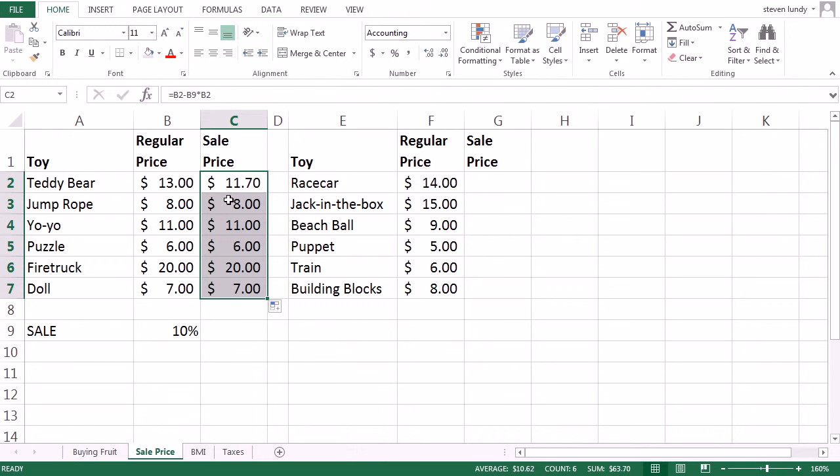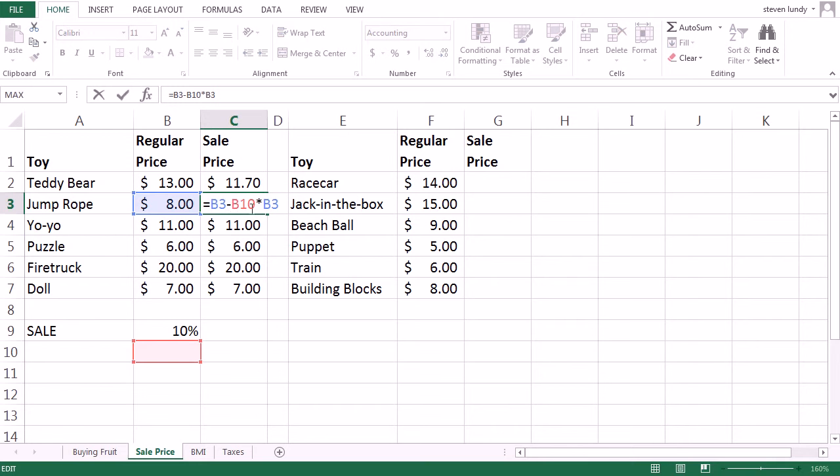This is because the sale price isn't in a relative position. Notice that in this cell it's trying to refer to B10. The next cell is trying to refer to B11, and the next cell is trying to refer to B12. But in each case, we always want it to refer to B9. If we want to make sure the formula always uses the value in B9, we need to use an absolute cell reference.